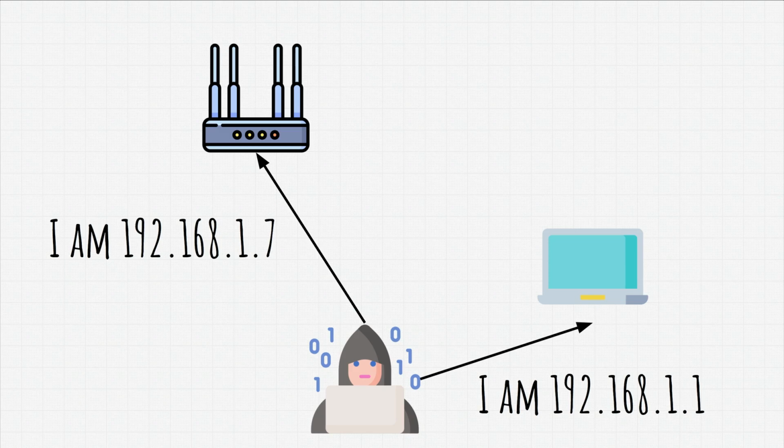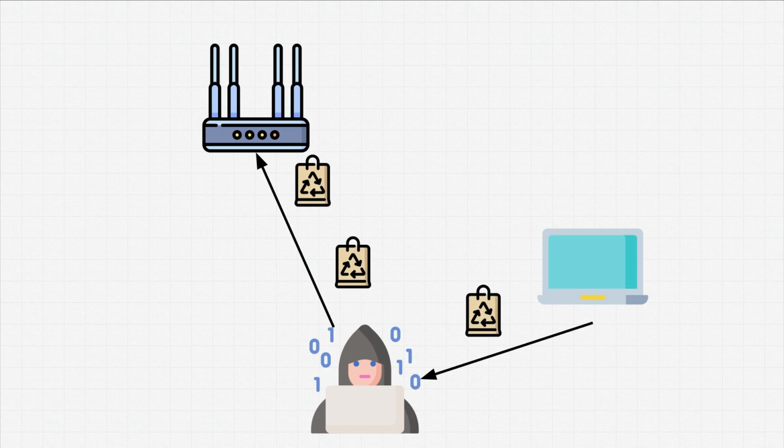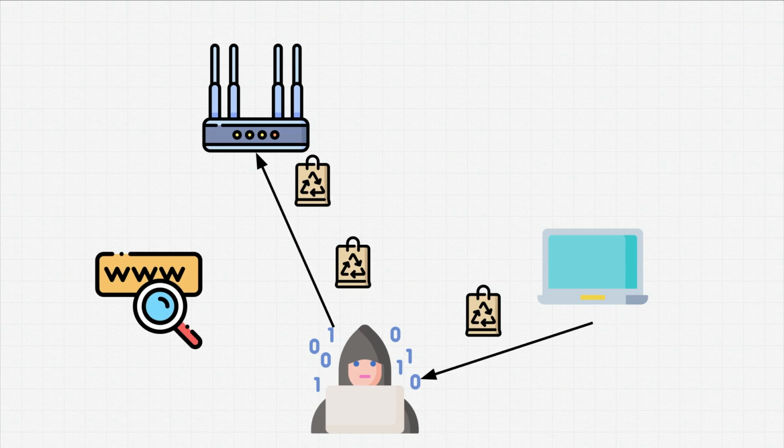To the router, he would send an ARP response saying that he is the victim, and to the victim, he would send an ARP response saying that he is the router. Their ARP tables would then generate these entries, and from this point, all the packets that the victim machine is sending would go to the attacker's machine, who would then be able to inspect them and see all the data that is not encrypted in plain text. The same goes for traffic that is going to the target machine. This can be done by an attacker who is targeting 1, 2, or all the devices on the network. It's completely his or her choice.